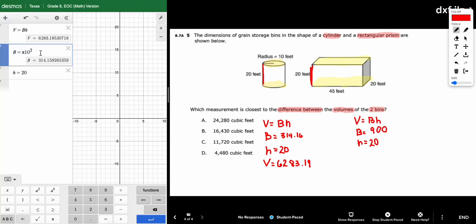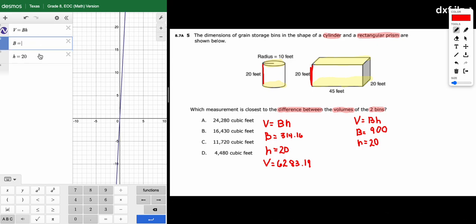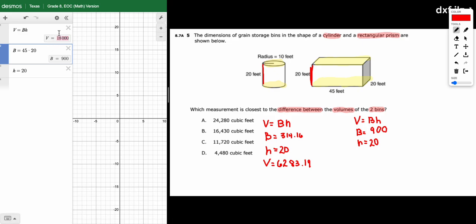And so if I plug that into the Desmos calculator, oh, I could have left that, 20. And then big B, again, just in case we don't understand where I got the 900 from, that's 45 times 20, which is 900. And it tells us that the volume of the rectangular prism is 18,000. So I'm going to go ahead and jot that down.